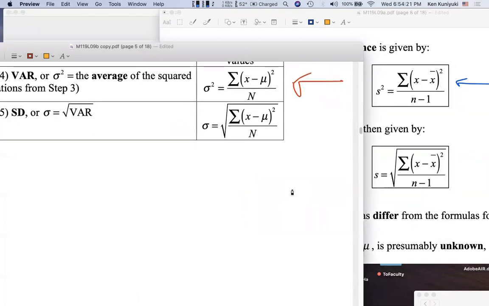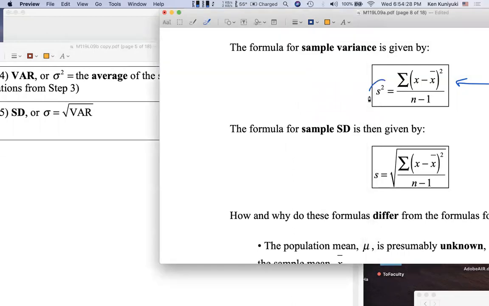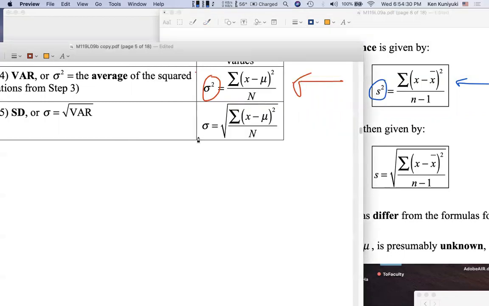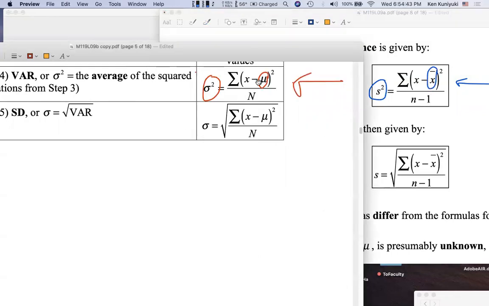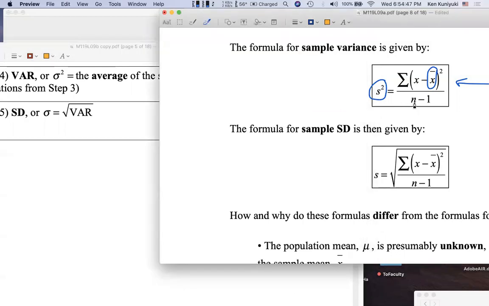So many of the differences are in notation, right? Instead of sigma squared, the population variance, we're finding s squared, a sample variance. Instead of a population mean mu as our center, we're going to use the sample mean x bar as our center. Instead of population size capital N, we're dealing with sample size little n.